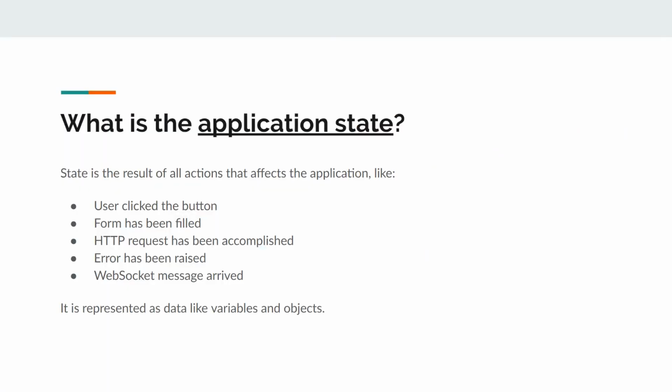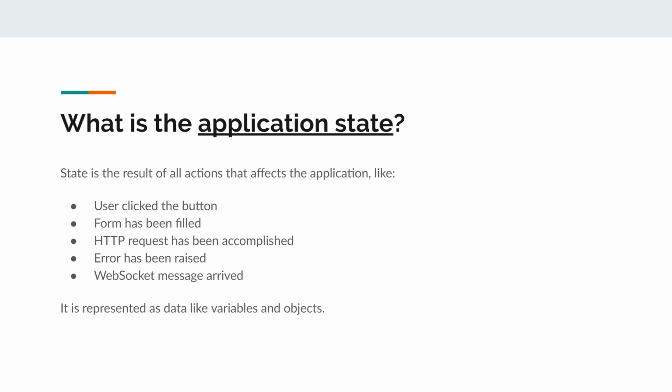Okay, and the first question is what the application state is. The state is the result of all the actions that somehow affect our application. By action, we mean something that is changing the data in our application somehow.